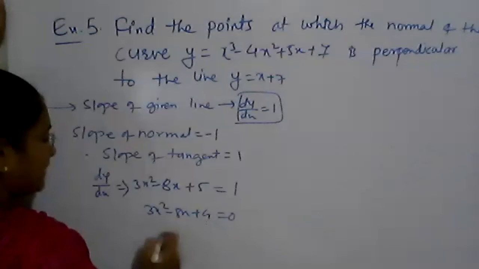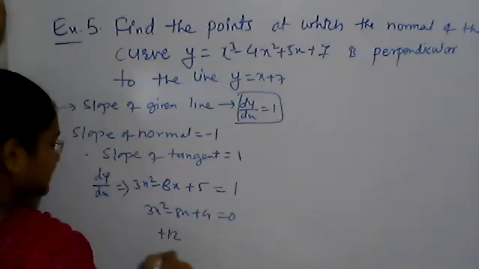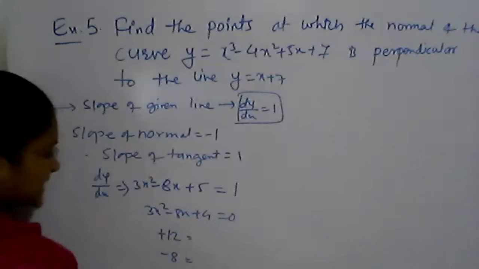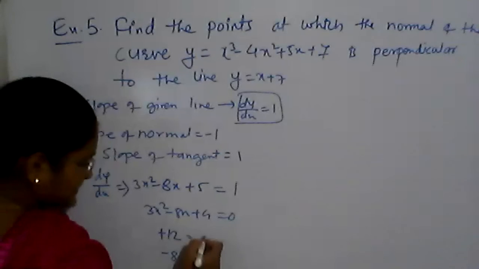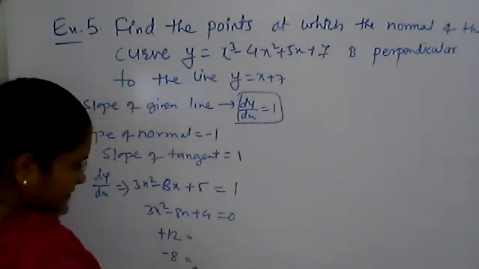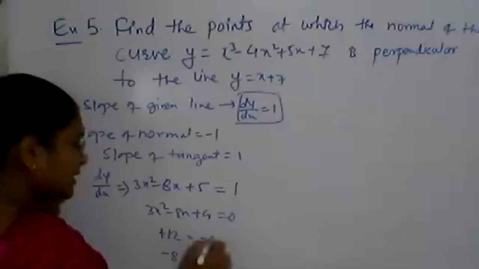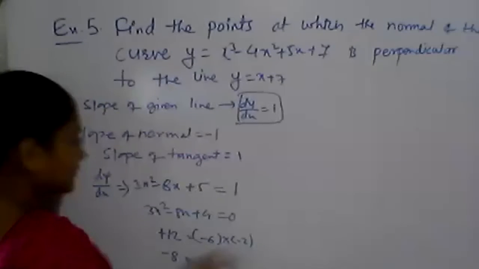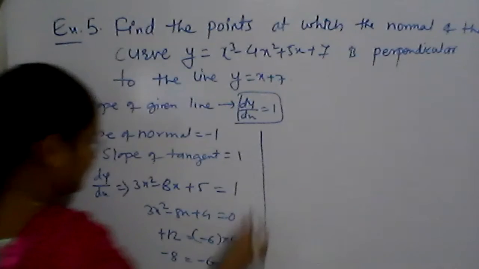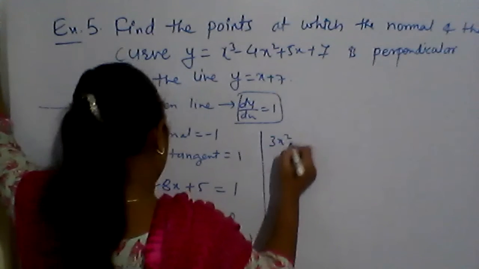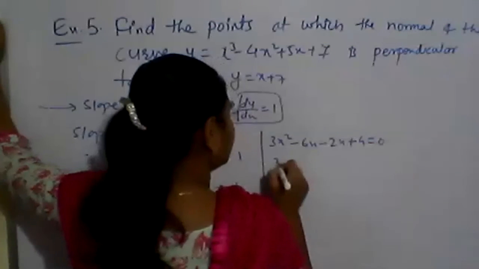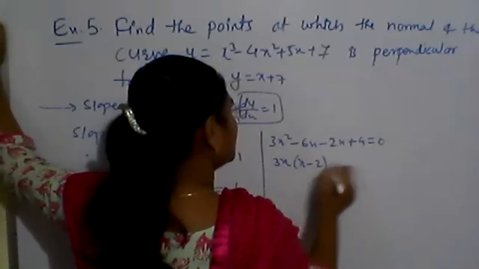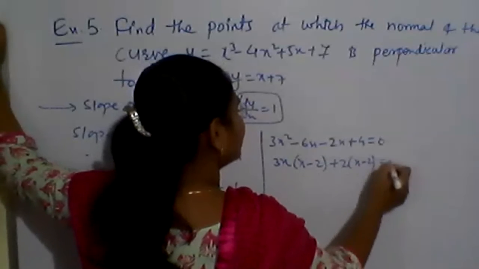3 into 4 is 12, plus 12 multiplication we need, and minus 6 and minus 2. Yes, minus 6 into minus 2. So it will give 3x square minus 6x minus 2x plus 4. 3x in bracket x minus 2 minus 2 in bracket x minus 2 equal to 0.